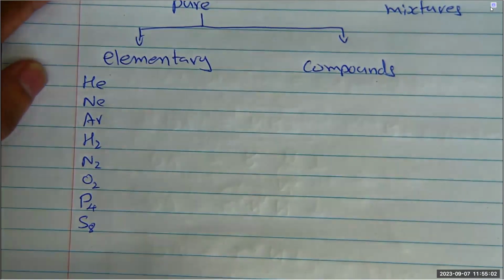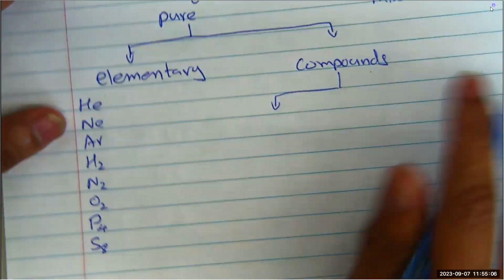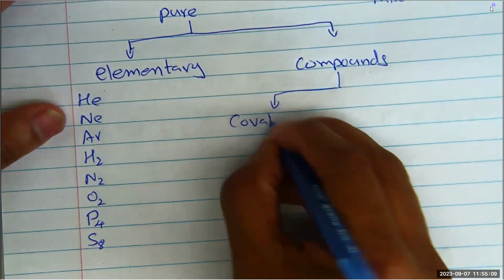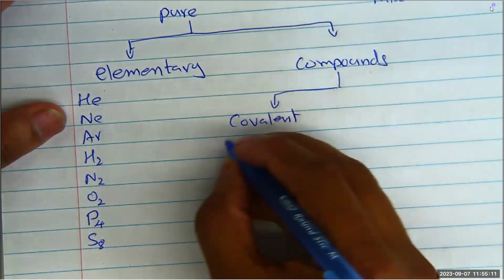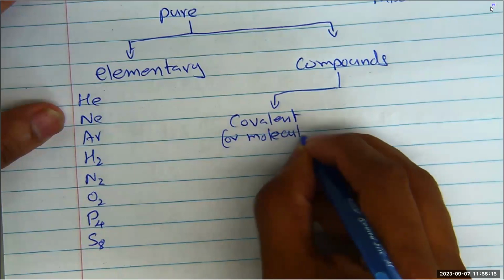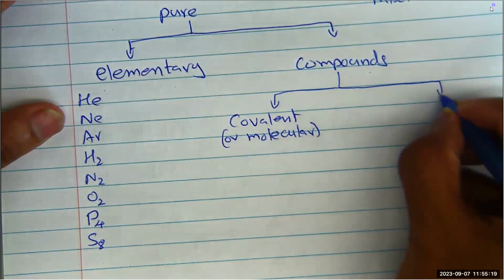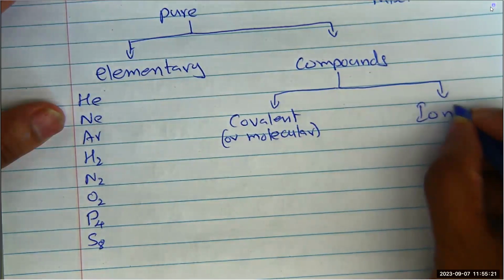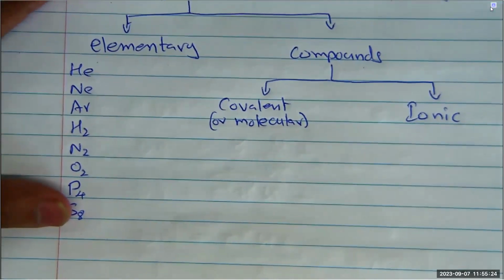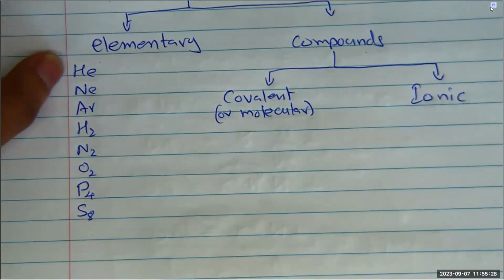And then when it comes to compounds, they can be covalent, or we also call them molecular, or they can be ionic. Compounds have more than one type of atom bound to each other.